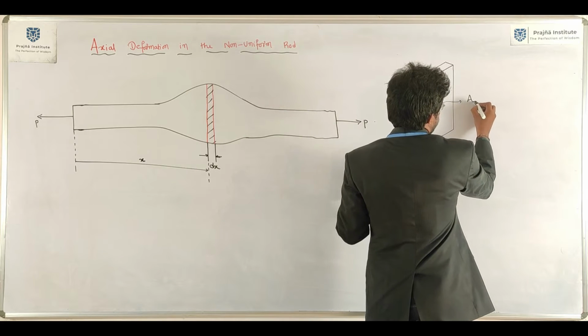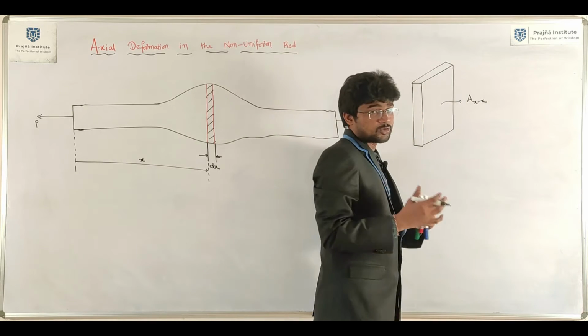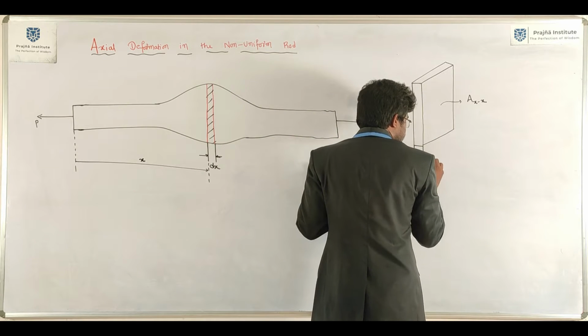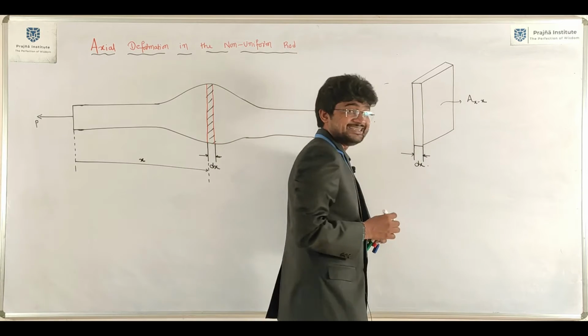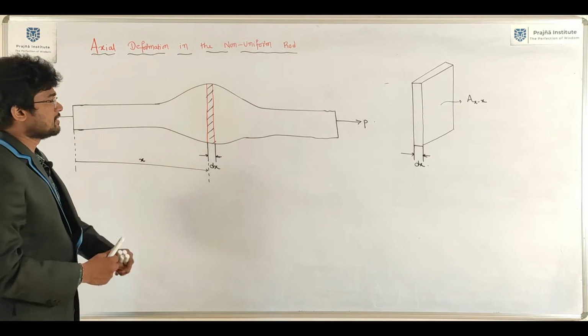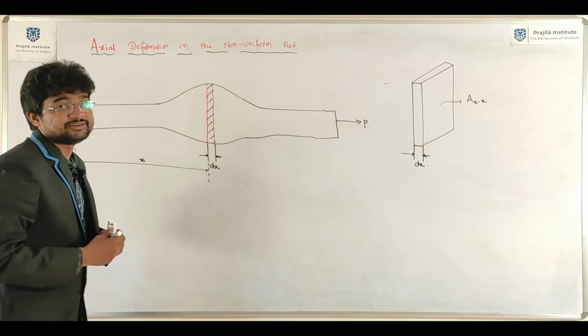It is Axx, the area of cross section of the element. From here to here it is dx. Now, how to determine the magnitude of axial deformation?